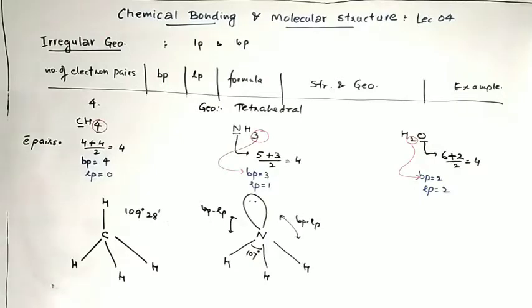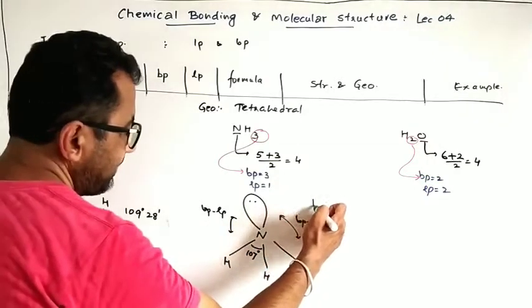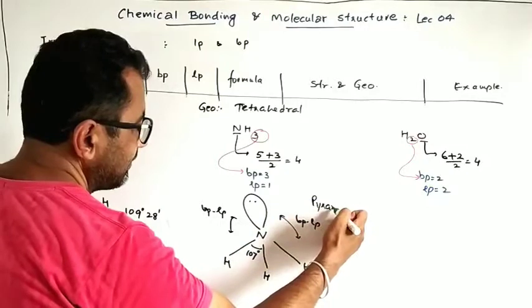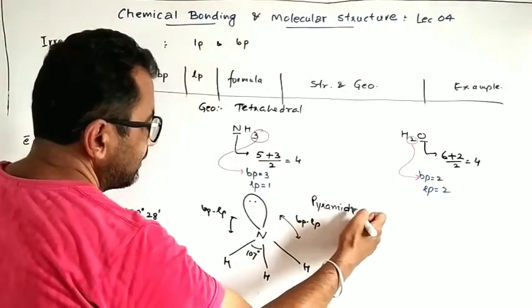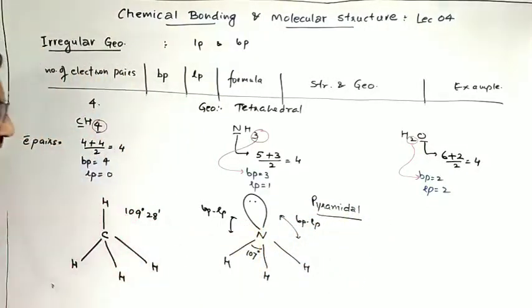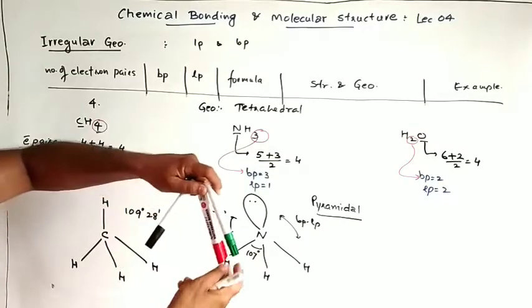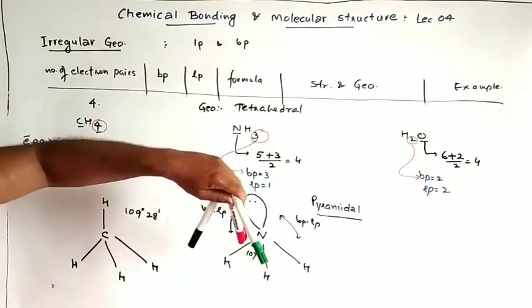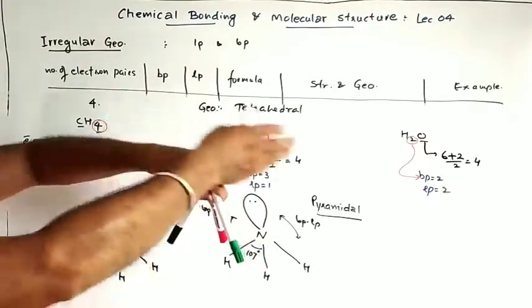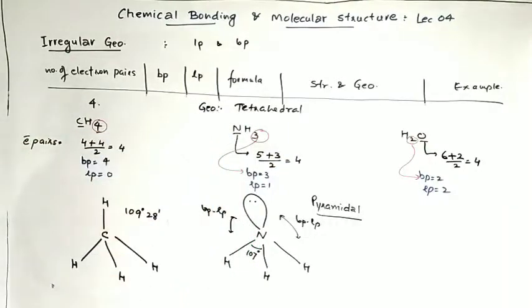What is the shape of this molecule? It is a pyramid, or we can say pyramidal. It's a pyramid, not like this. It's like this pyramid. 3 atoms are like this. Lone pair is here. Nothing is here, and it is a pyramid.